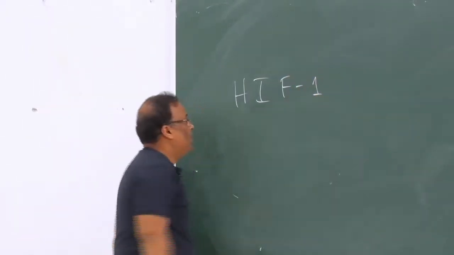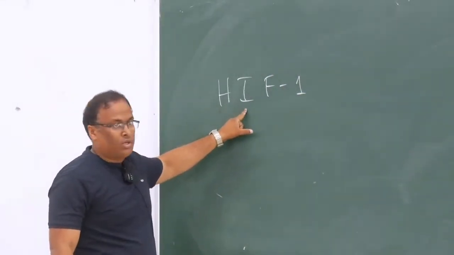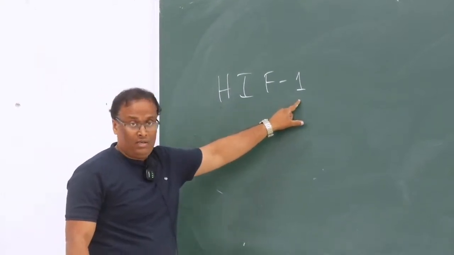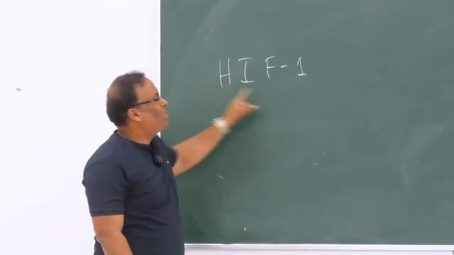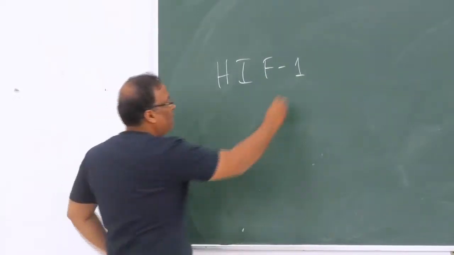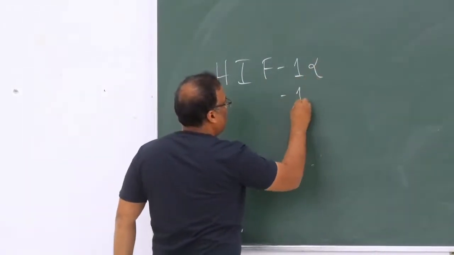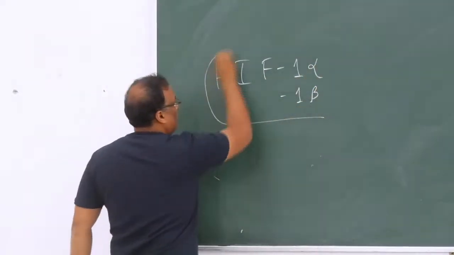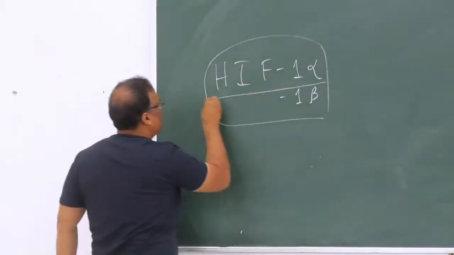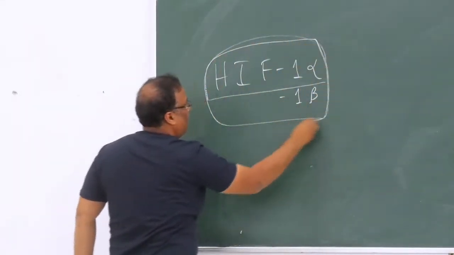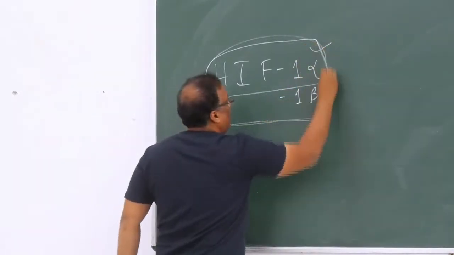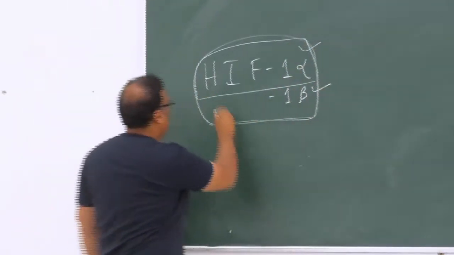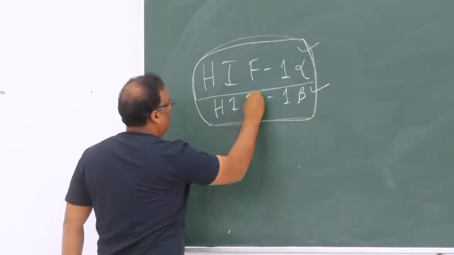HIF, what is its name? HIF 1, hypoxia inducible factor 1. There is a 2 also, but I am concerned about this 1, and 1 is mainly 1 alpha as well as 1 beta. Okay, so suppose this is a transcription factor, one factor alpha, one factor beta. Let me write the name too: HIF.